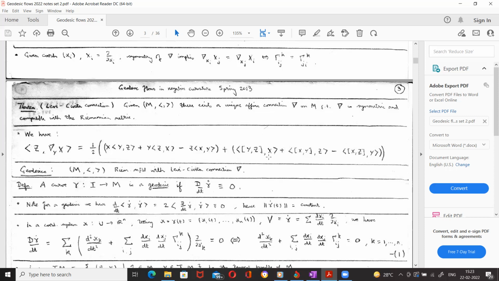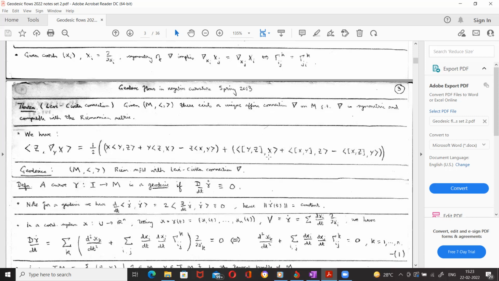And as we saw, the tangential component of the acceleration is the covariant derivative of the velocity vector, right? We saw that the covariant derivative along a curve in a submanifold of Rn is given by taking the usual derivative and then applying the tangential component. Yes? Right, we talked about that last time.